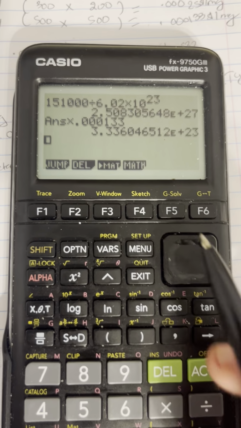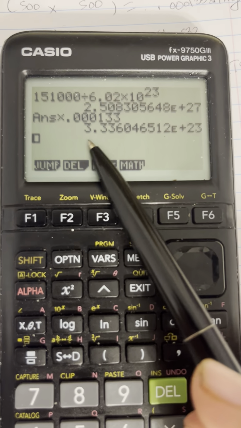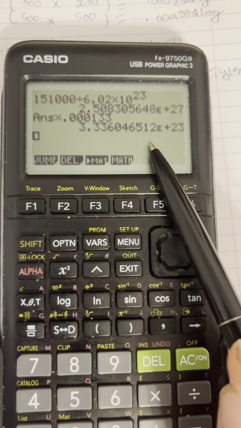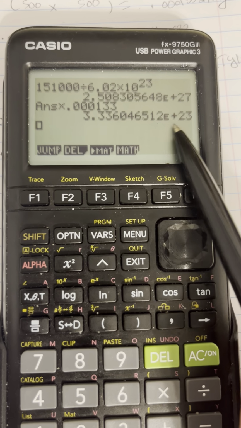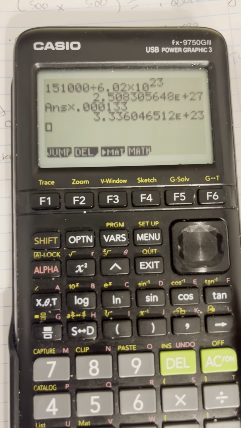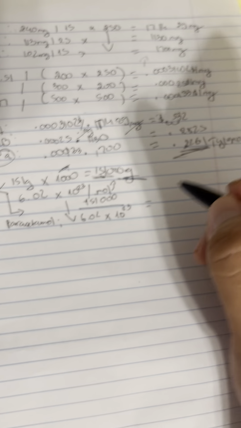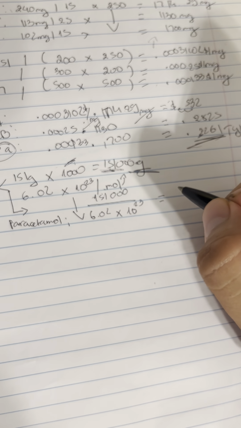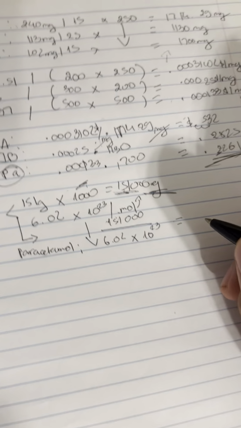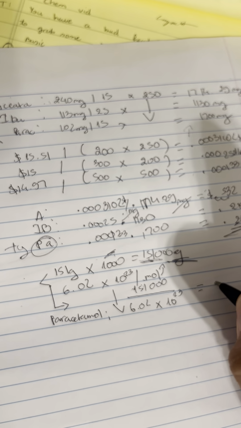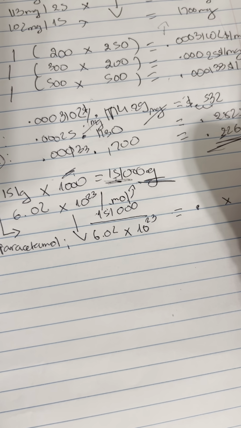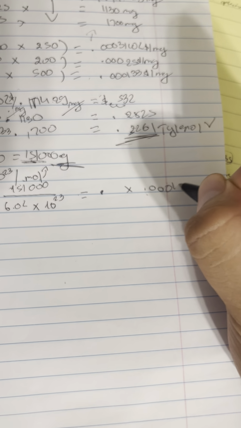I would get 3.33 times 10 to the power of negative 23, because we're going back. So the final answer here, I'll just write it short. I'll take this amount and I'll times that by 0.000133.